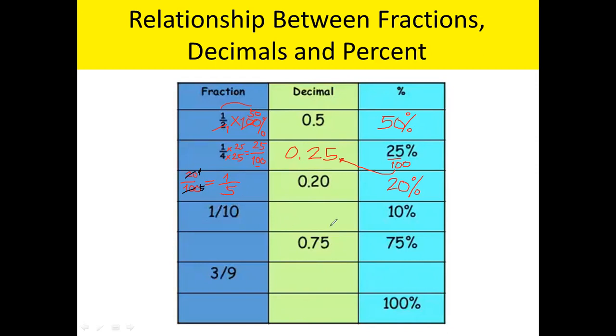What is the decimal? 1 over 10, 10%. 0.1. Okay, 0.10 if you like, but that is 0.1 or 0.10. It is just the same, because 0.1 is equal to 0.10.